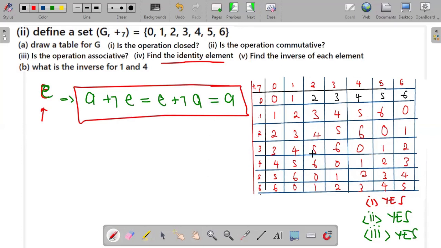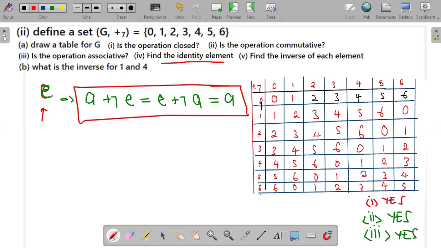So which element here is acting as the identity element? Meaning that when you combine with that element, you still get the same value. Here you just have to look for 2 columns or 2 rows that have the same things following each other.